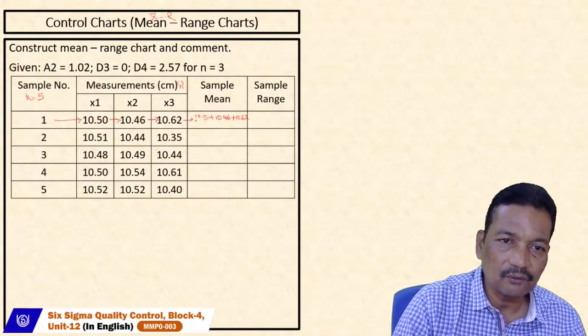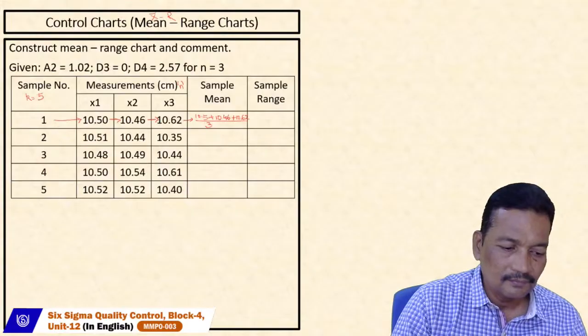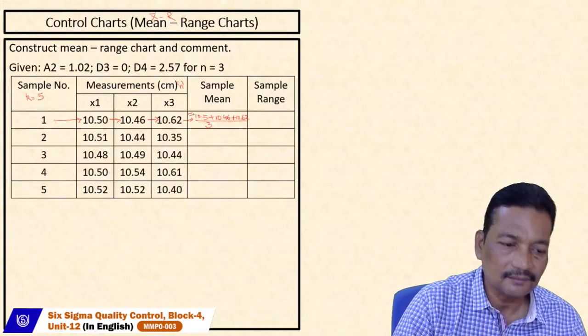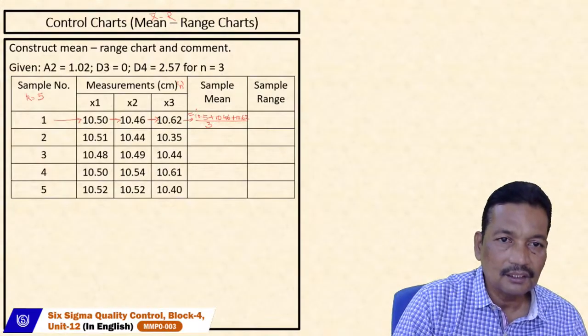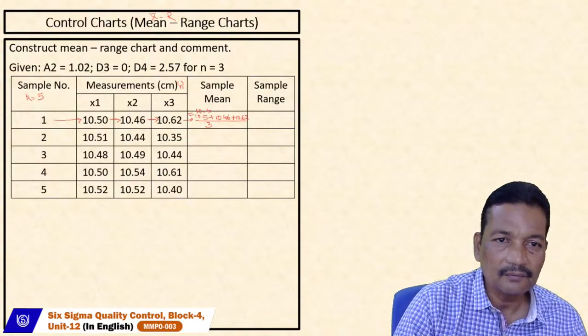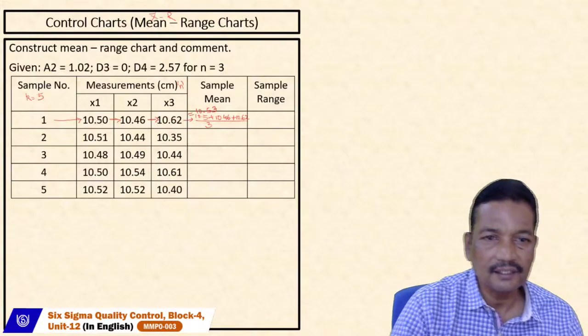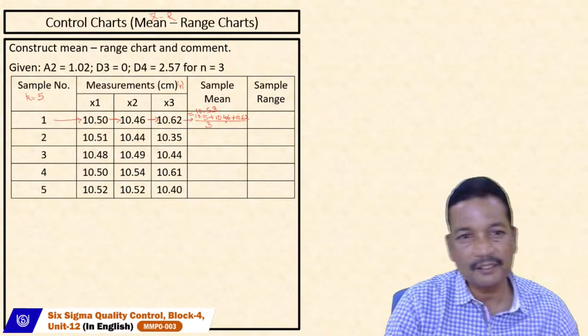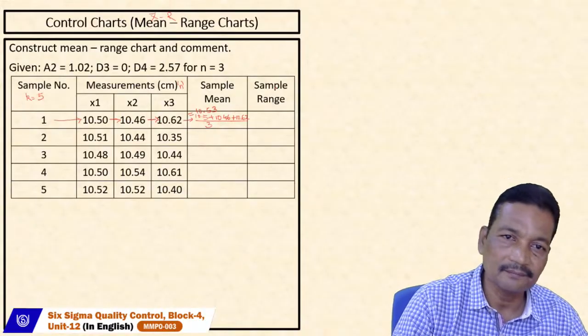That means addition of all the items divided by number of items. So that I get suppose as 10.53. What it means? The first sample average is 10.53.